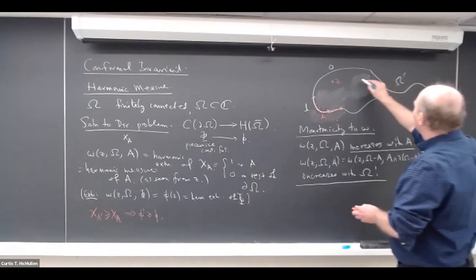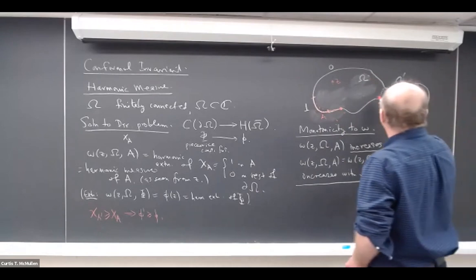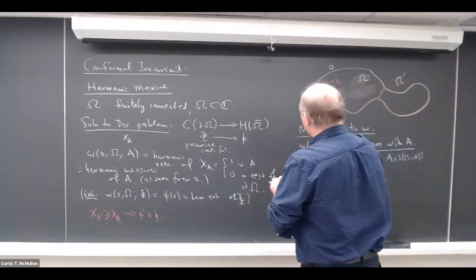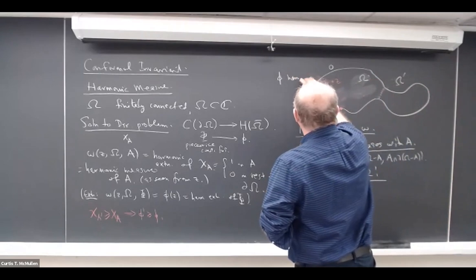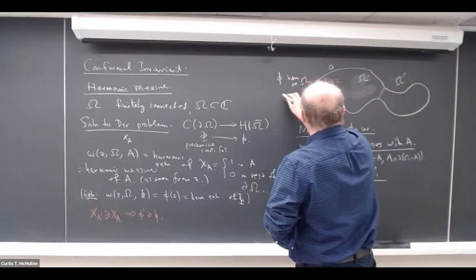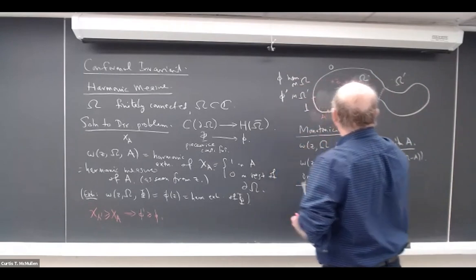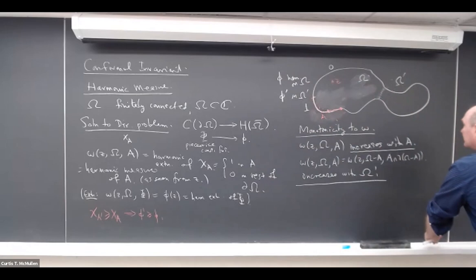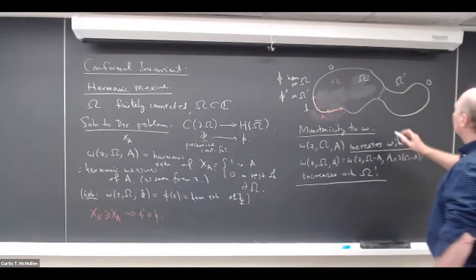So here was our old omega, and we have a solution phi, which is harmonic on omega, and then we have a solution phi prime to our boundary value problem on the bigger region omega prime. Okay, so phi prime is equal to 0 out here.